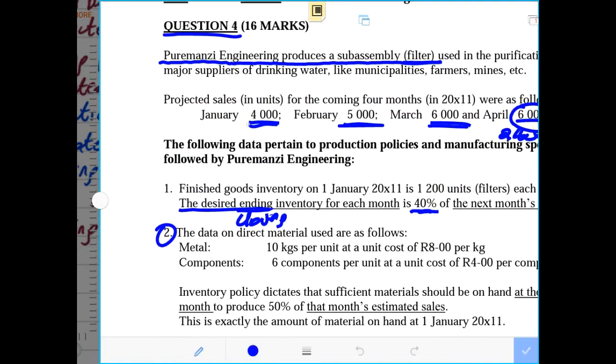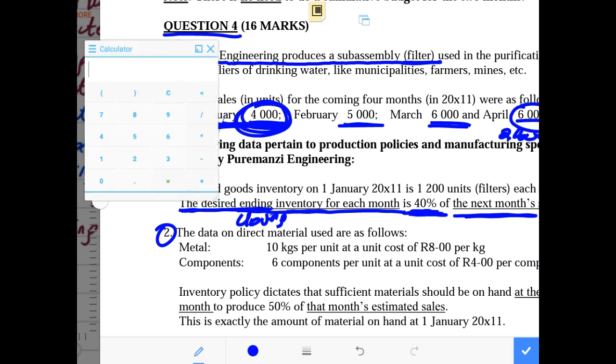We know that 40% of January was the closing of December. Remember, they said the desired ending, which is closing inventory for each month, is 40% of the next month's sales. So in this case, 40% of January is the closing of December, meaning the closing of December is 40% of the sales of January.